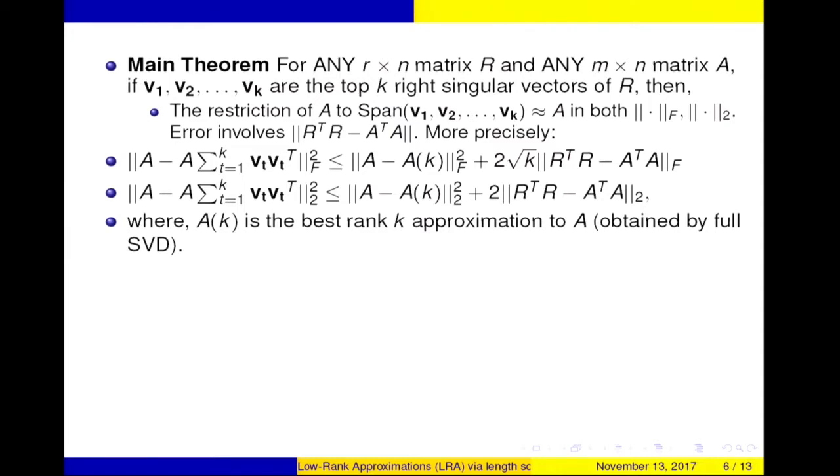In Frobenius norm, that's less than or equal to the norm of A minus A_k, Frobenius norm squared. I'm sorry, I used a slightly different notation last time. I said A sub K, but this is also just the best rank K approximation to A, which we saw last lecture, obtained by SVD. So you cannot do better than that.